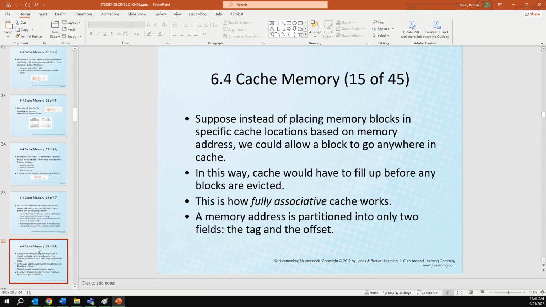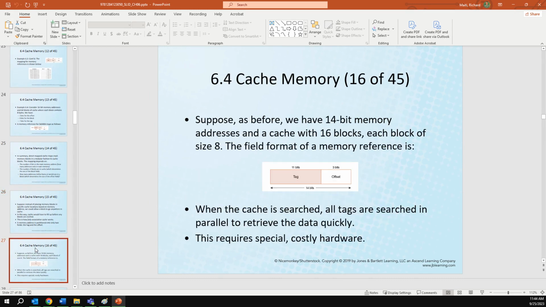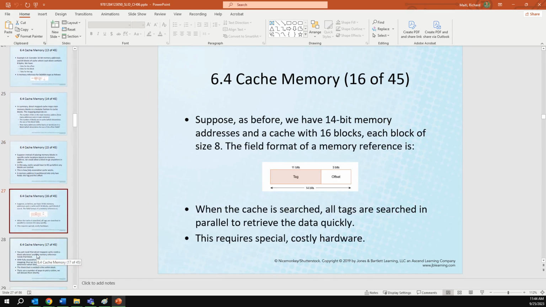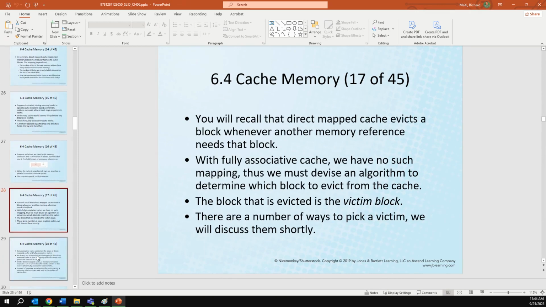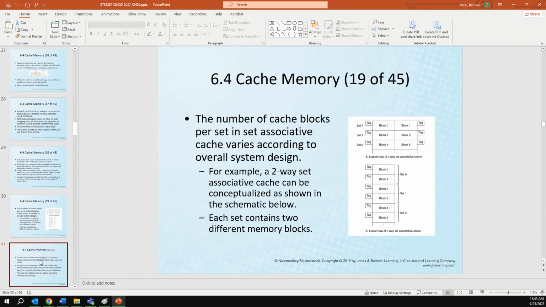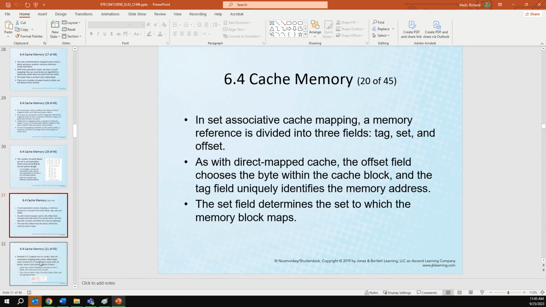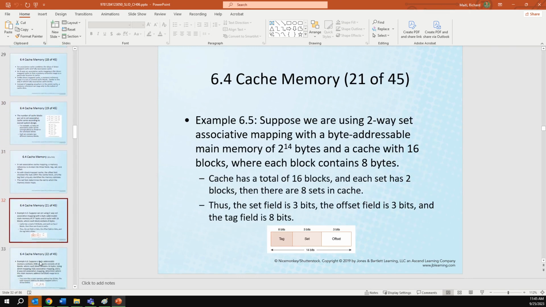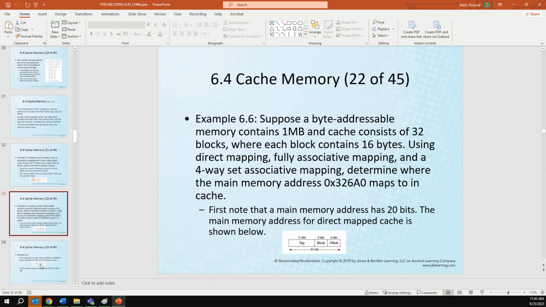So here it goes into some more examples that you can take a look at, accessing memory and so forth. So it has plenty of examples.